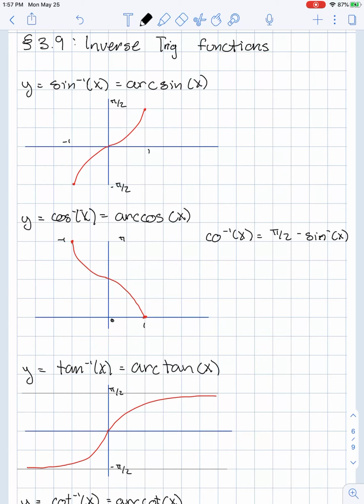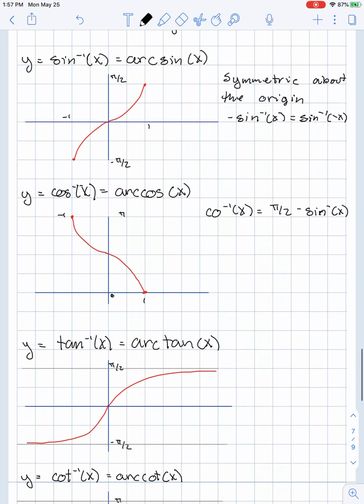Notice arc sine is also symmetric over the origin. So negative sine inverse of x will equal sine inverse of negative x.